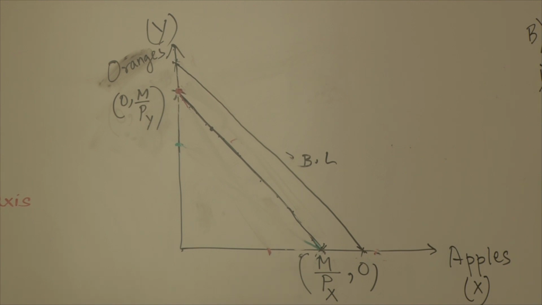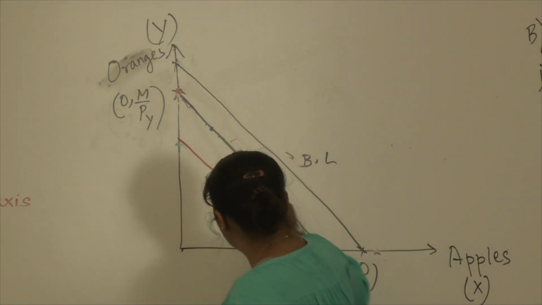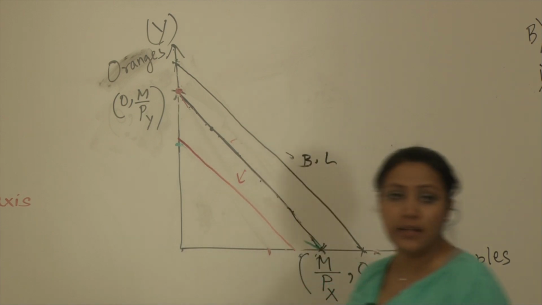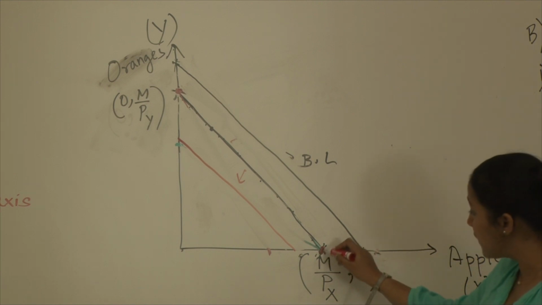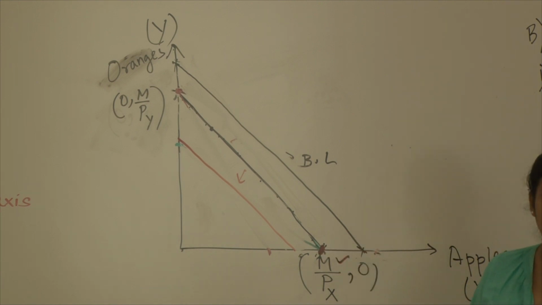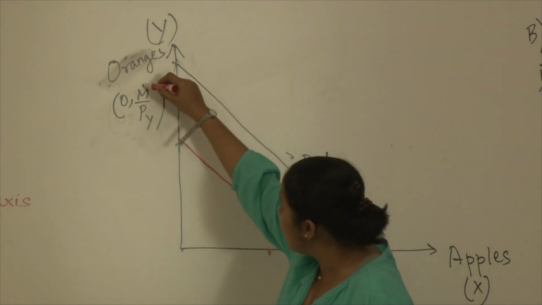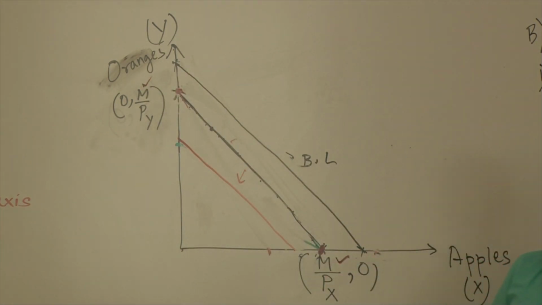Okay. Similarly, if the income went down, if there was a decrease in income, you would be consuming less of both the goods, isn't it? So, in that case your budget line would move in like that, correct? And also mathematically that is correct. Why? Because this point is getting affected because it has M in the numerator, and that point is also getting affected because it has M in the numerator.